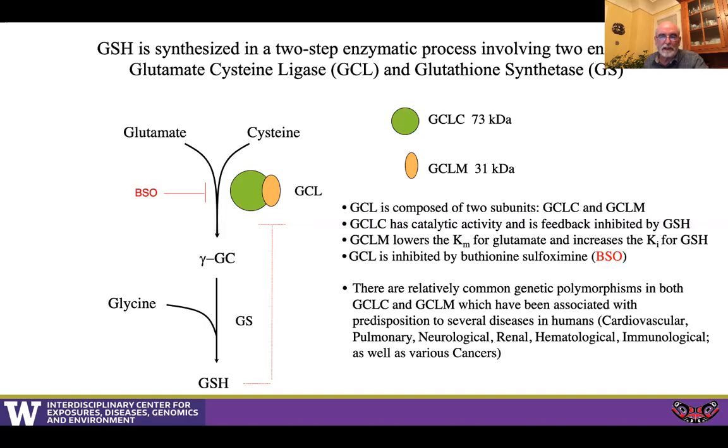We also use sometimes this drug BSO to inhibit the enzyme to test for the importance of GCL in various biological reactions. What's also important with this enzyme is the relatively common genetic polymorphisms in both GCLC and GCLM, which have been associated with predisposition to several diseases in humans, including cardiovascular, pulmonary, neurological, renal, hematological, immunological, as well as various cancers.